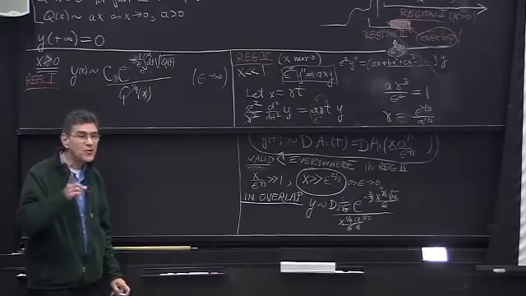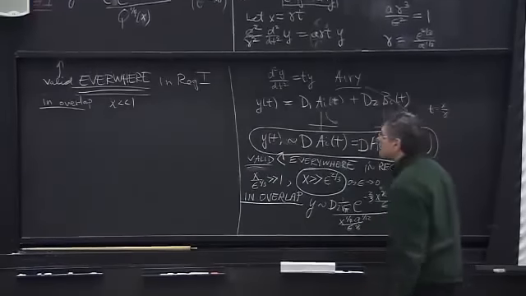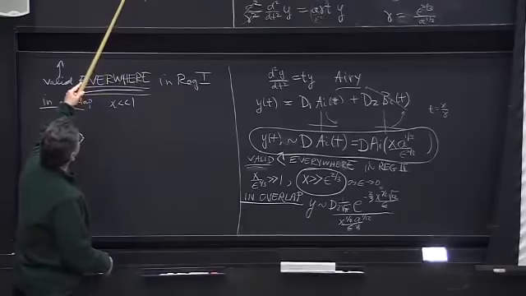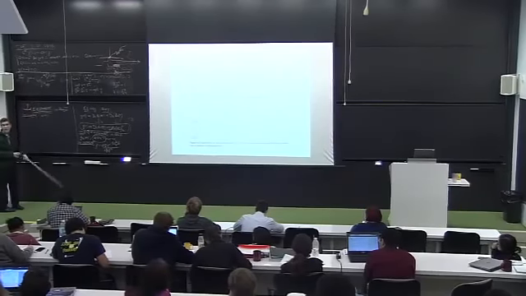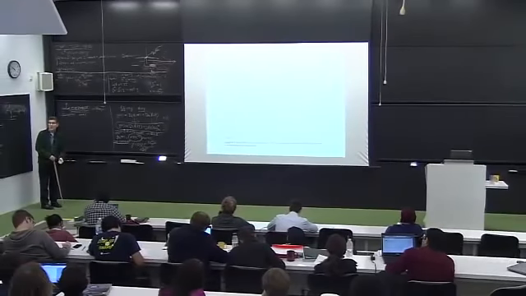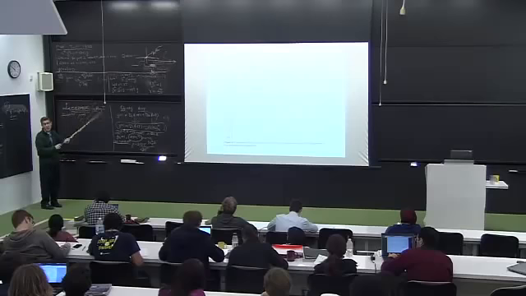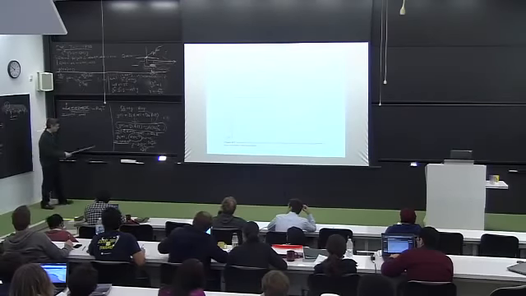But if x is small compared with 1, what can we say? We could replace everything in this integral by the Taylor expansion of the integrand, and also we can replace q by its Taylor expansion.